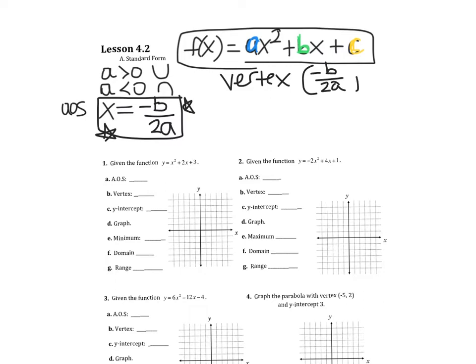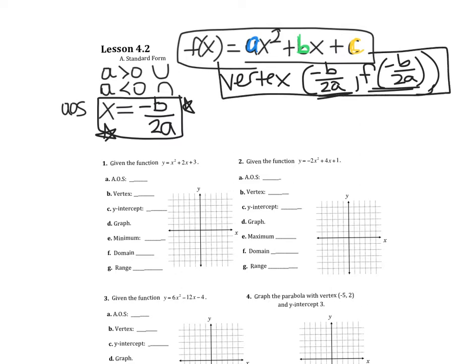And then to find the y value, well, you simply plug it in. You're going to do f of negative b over 2a. And I know that looks a little tricky, but all that means is you take what you got for x, you plug it into your function, and you'll get the y value, okay? So that's also very important information.